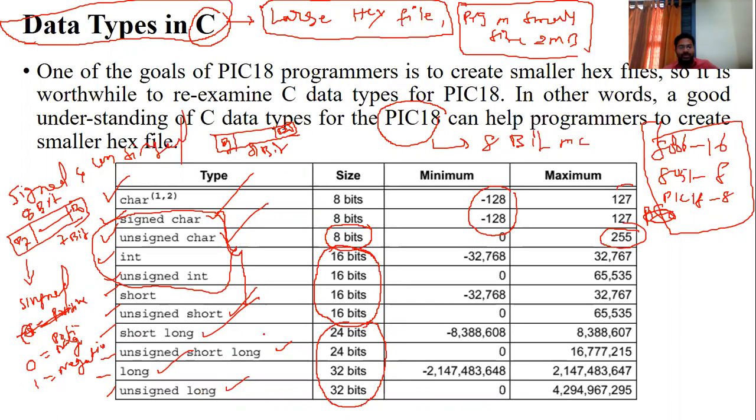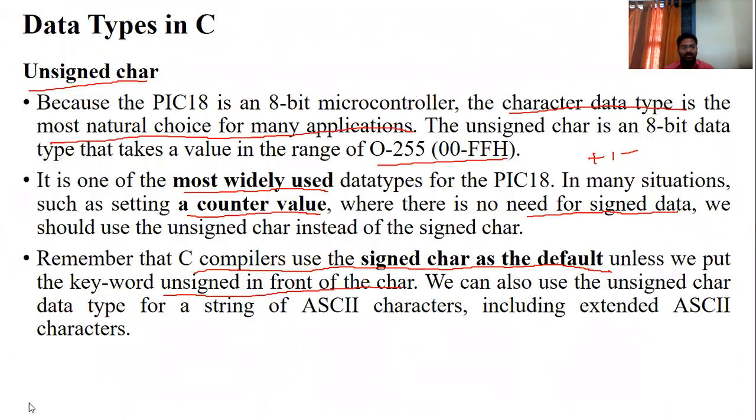You can use these short or long data types provided that the data is more than 8 bits. At that time you can use short long, unsigned short long, unsigned long, or signed long, and all the cases. Okay, remember.